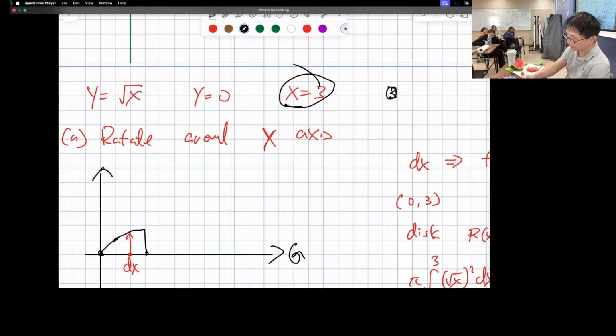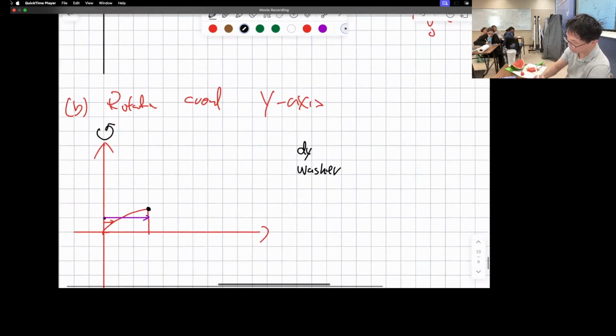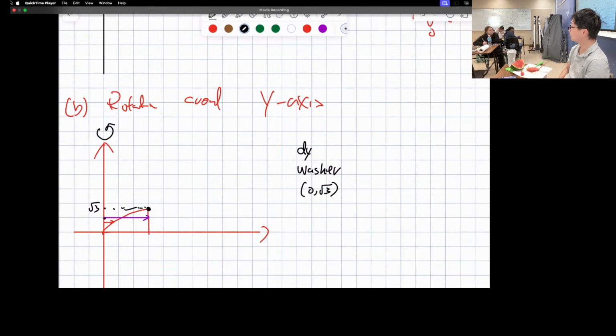So you have to plug in 3 into here to find out where it stops right here. You want to find out where this point is. This point is going to be root 3. How do I know root 3? I plug in 3 into the function. So it's 0 to root 3. Is that okay? So I have dy, I have washer, I have 0 to square root 3.